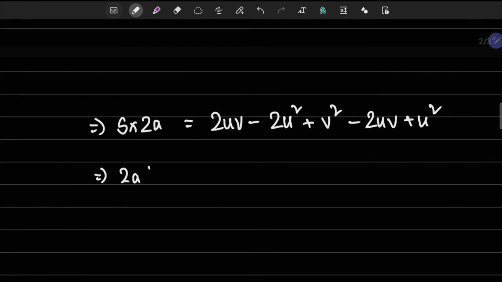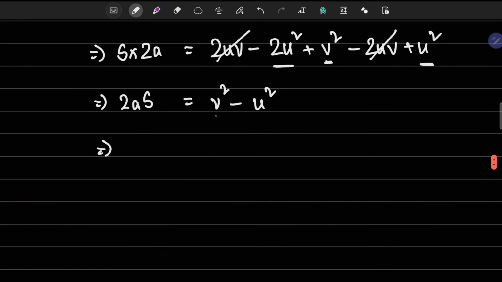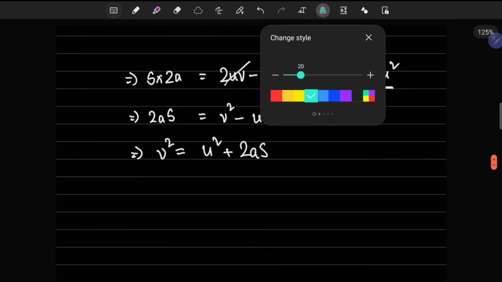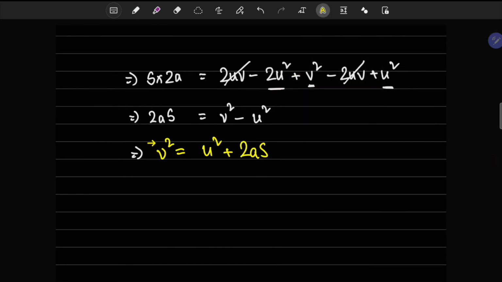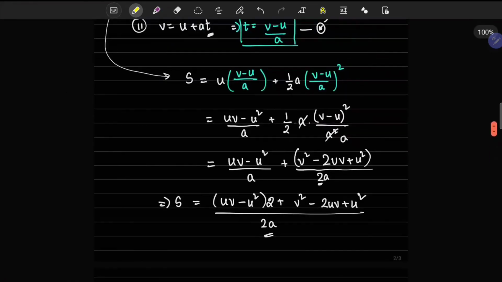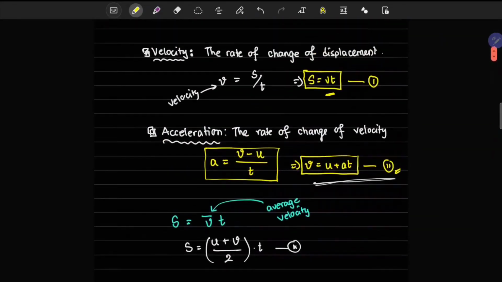We again get 2as equals 2uv, and minus 2uv cancels itself out. We get that v squared and of course minus 2u squared and plus u squared equals minus u squared. We do some rearranging, and it's just normal algebra, and you get that v squared equals u squared plus 2as. And here we go. So these are basically the four equations of motion derived.